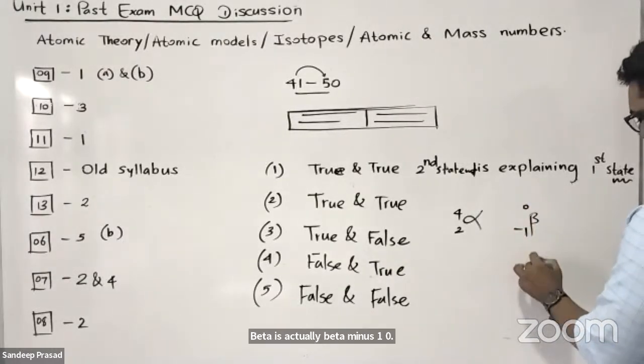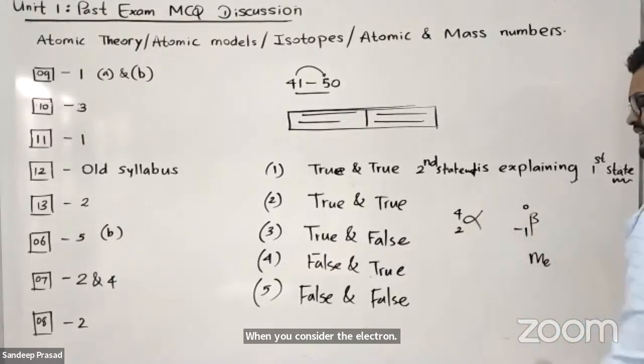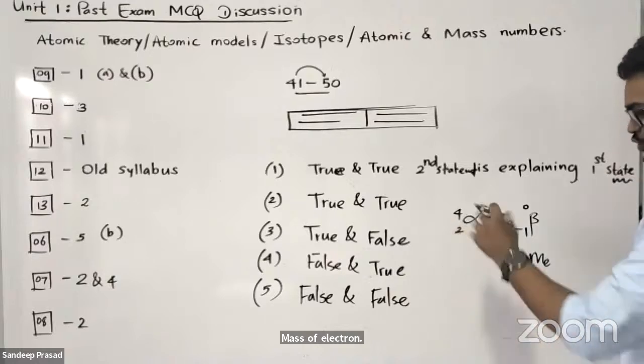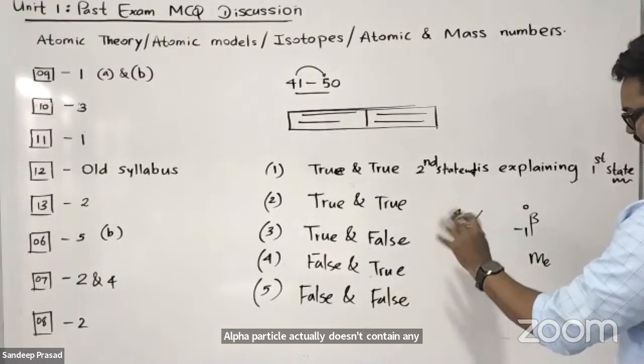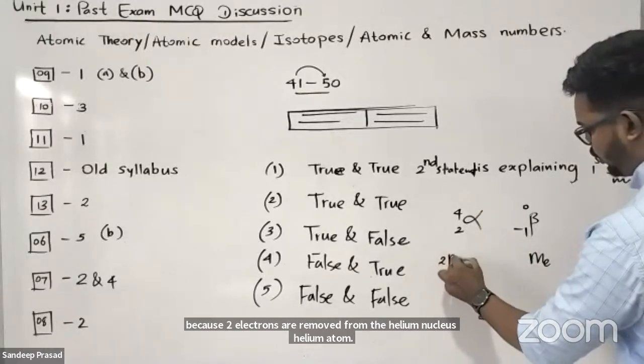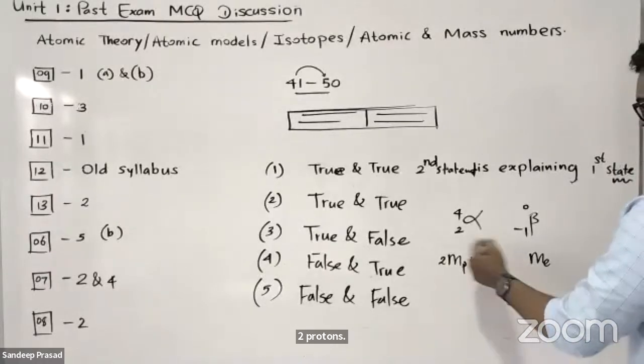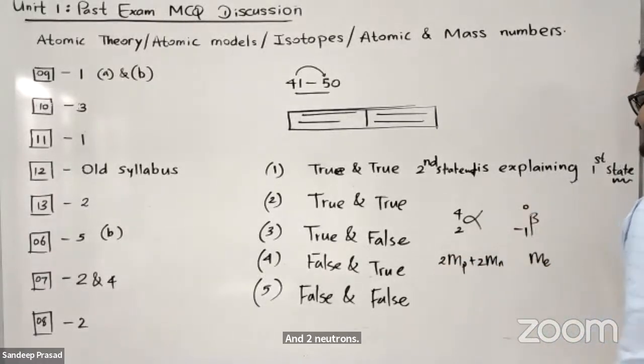Alpha particle doesn't contain any electrons, because two electrons are removed from the helium atom. Then we have only the helium nucleus, that means two protons and two neutrons. So definitely we know that alpha particles have the greatest mass. Why?